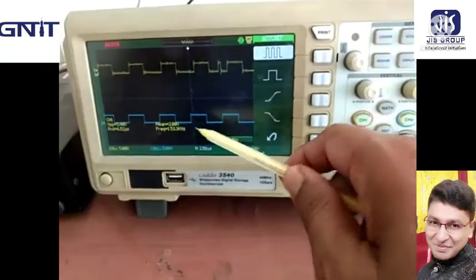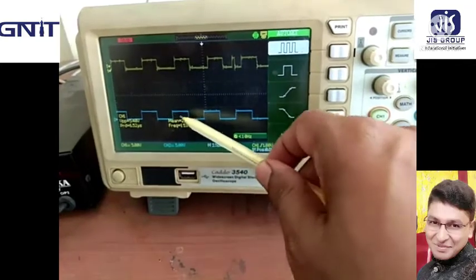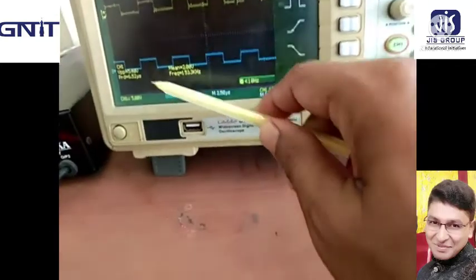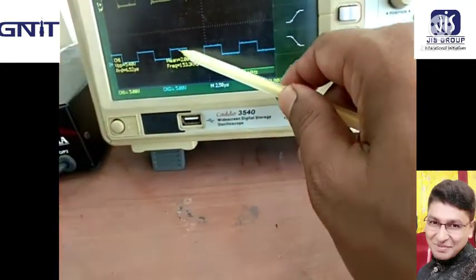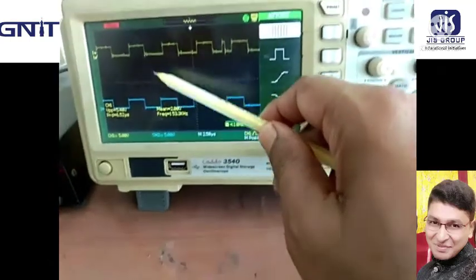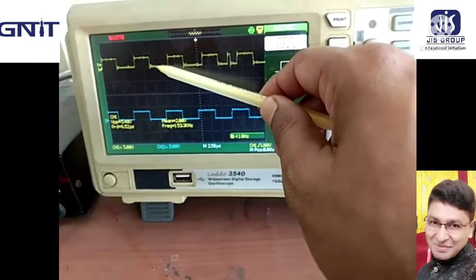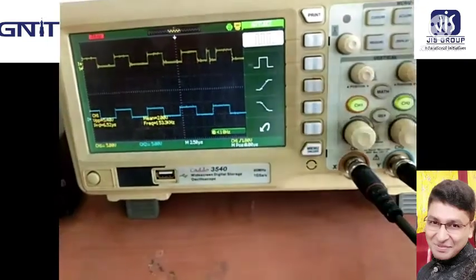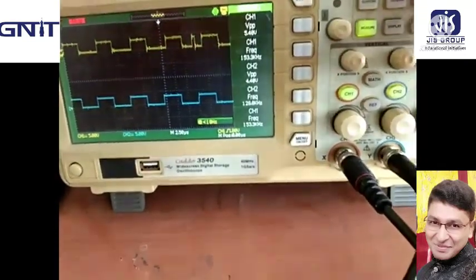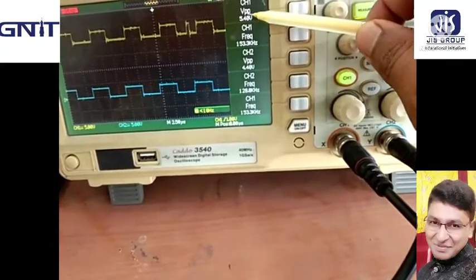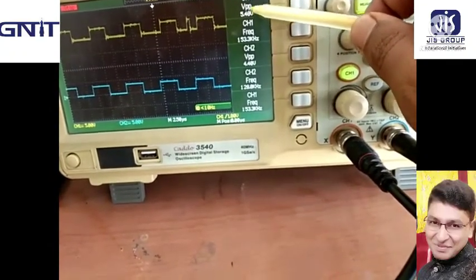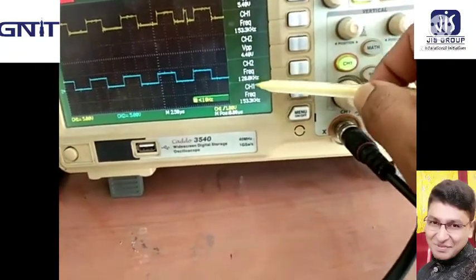This is our 2 signals. Channel 2 is our input signal and this is our output signal. Blue one is input and yellow is the output signal. And measure the 2 signals.